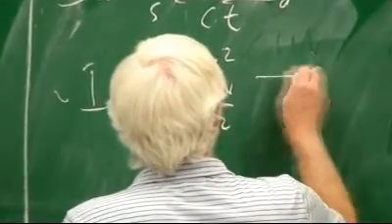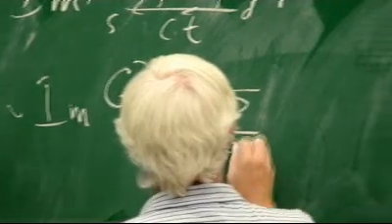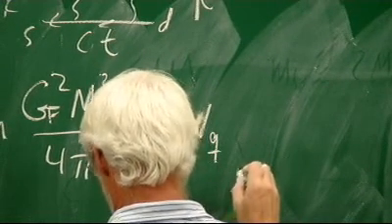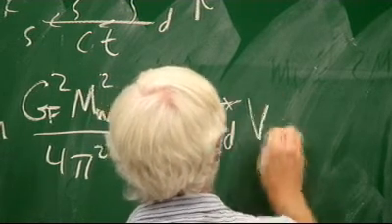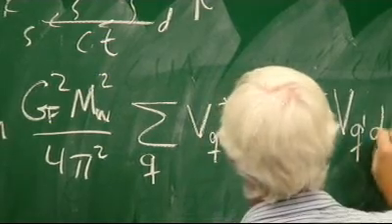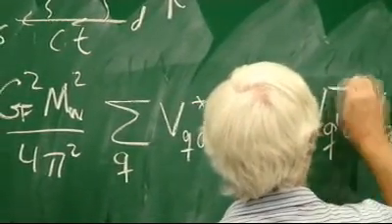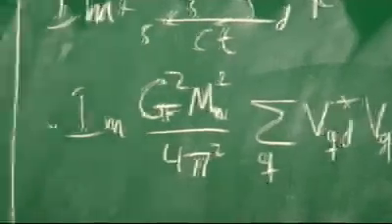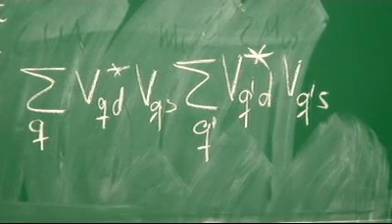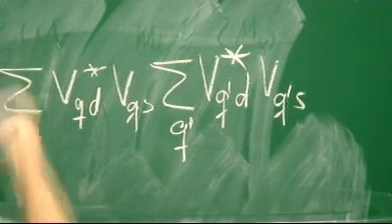And now there's the sum of CKMs. Let me call them V_Qd V star, V_Qs. It appears twice, one for the top line, one for the bottom line. So sum over Q, sum over Q prime. Then there's a function coming from doing that integral.